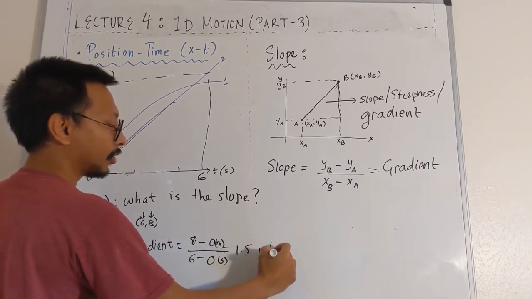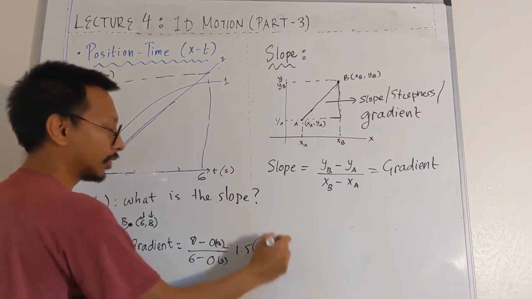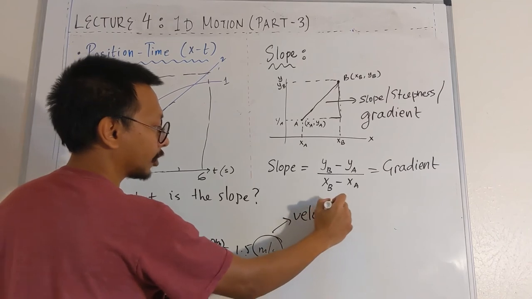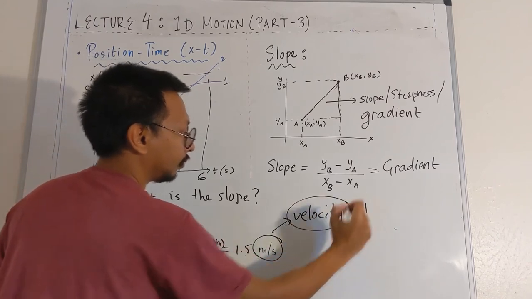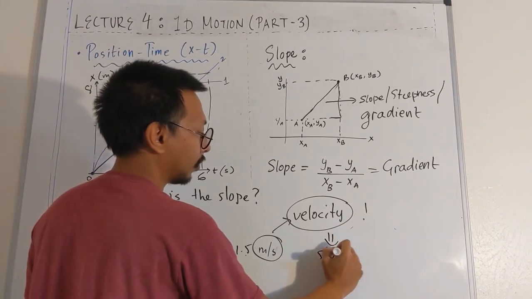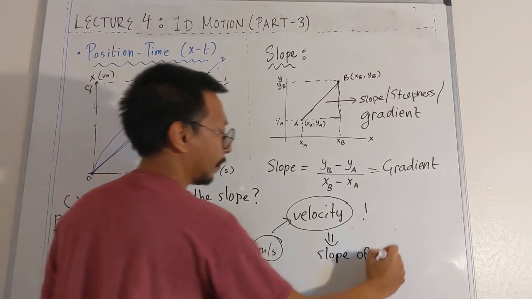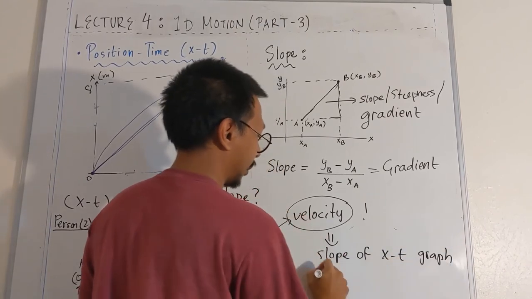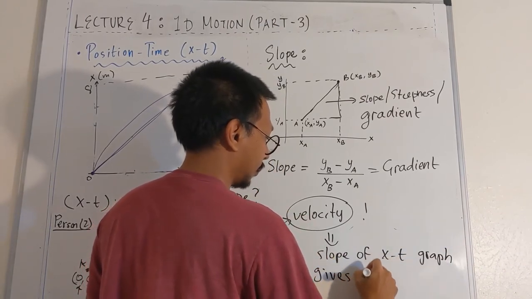It is meters over seconds. What does this unit represent? Nothing but velocity or speed. Okay, now that means the slope of an xt graph gives velocity.